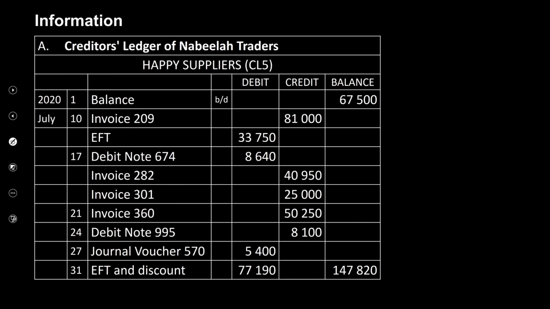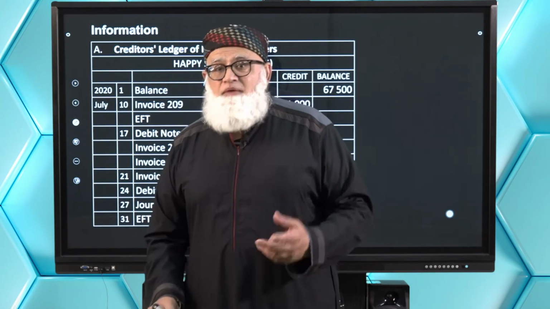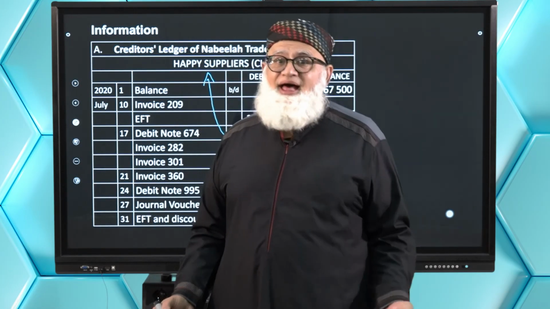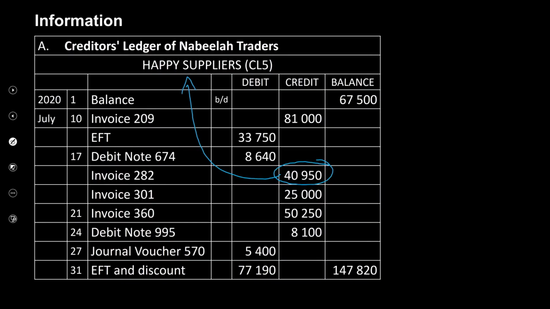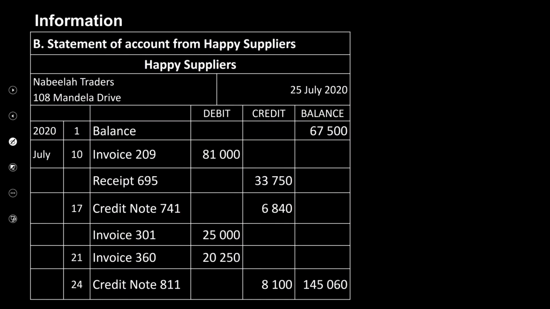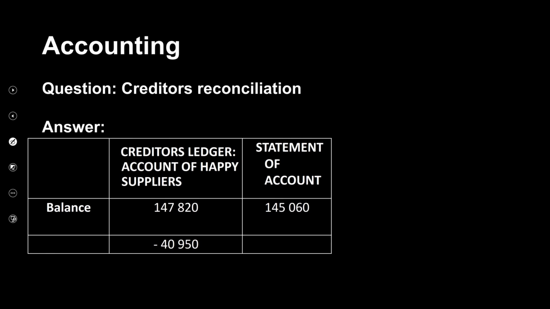There's invoice number 282 for 40,950. What have we done? We've included it in the account of Happy Suppliers. But certainly, it doesn't belong there because the goods were bought from somebody else. So therefore, if we now correct this here, what do we have to do? Watch.